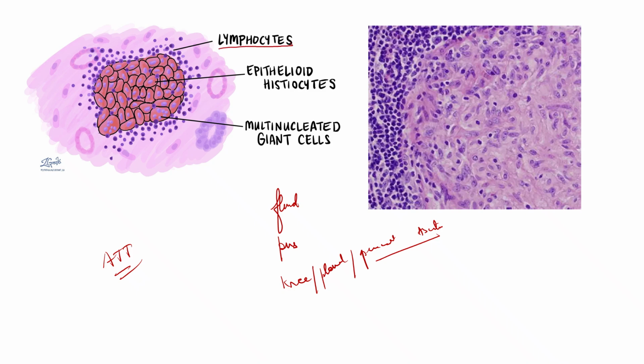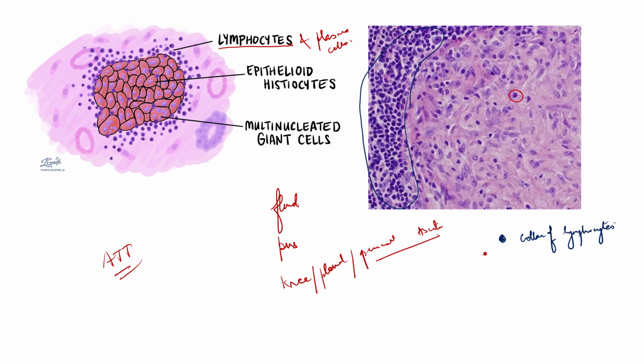So what do we get? Lymphocytes. We start with lymphocytes, and to this you add plasma cells. So what do lymphocytes look like? This blue color, as you can see, is a whole sheet of lymphocytes.